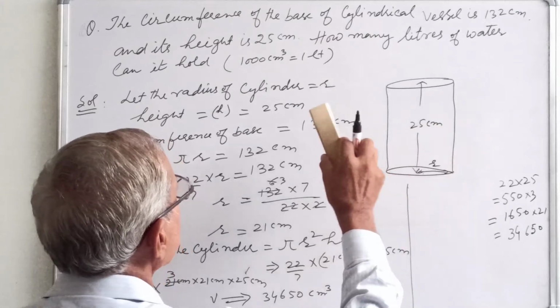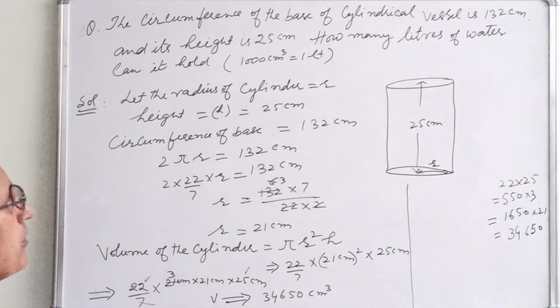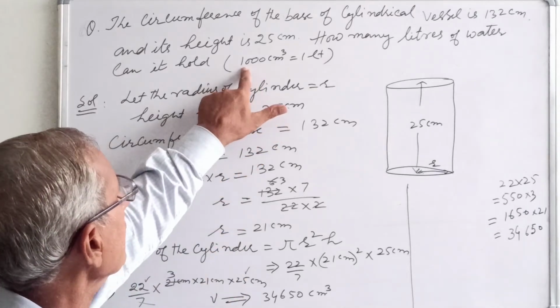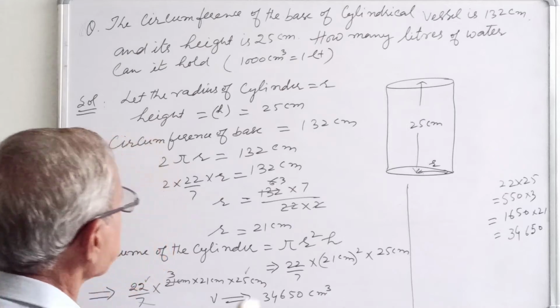So you have to find the volume in liter. Capacity will be termed in the form of liter. So you know 1000 centimeter cube is equal to 1 liter.